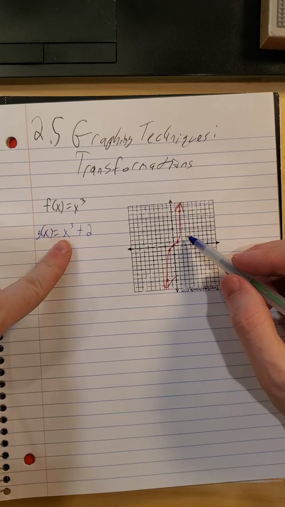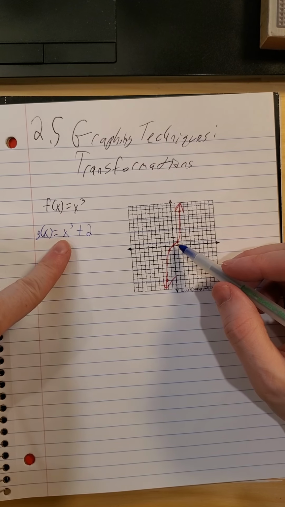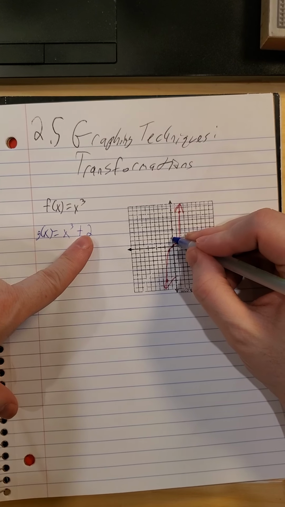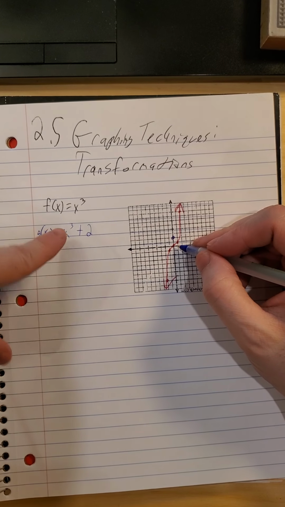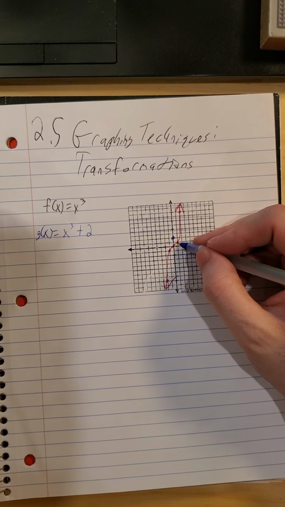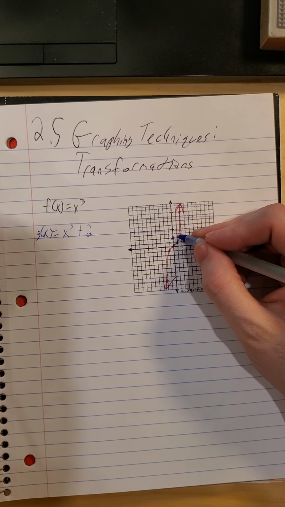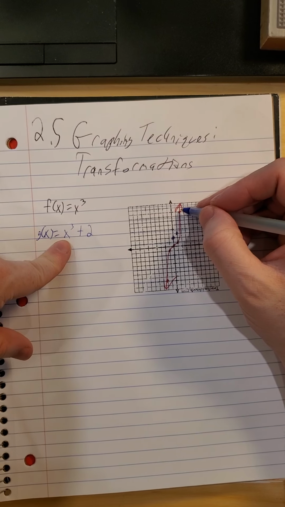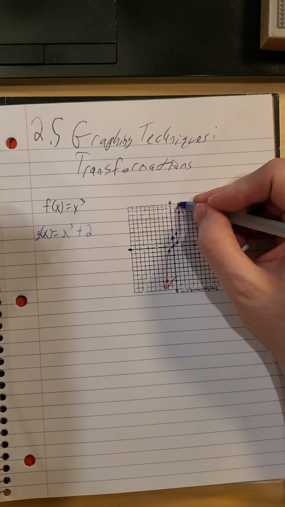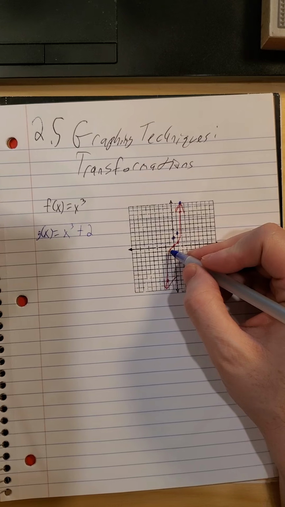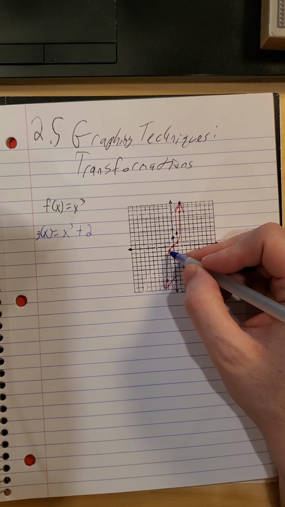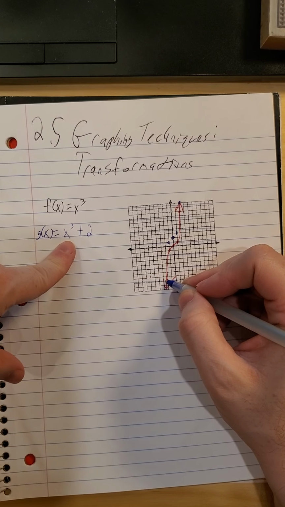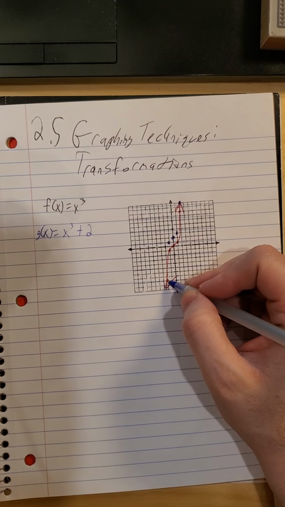We're looking just kind of one input at a time. 0 cubed is still 0. 0 plus 2 is now 2. 1 cubed is still 1. 1 and 2 is worth 3. 2 cubed is still 8. 8 and 2 is worth 10. -1 quantity cubed is -1. -1 plus 2 is +1. And -2 quantity cubed, -8. -8 plus 2, -6.